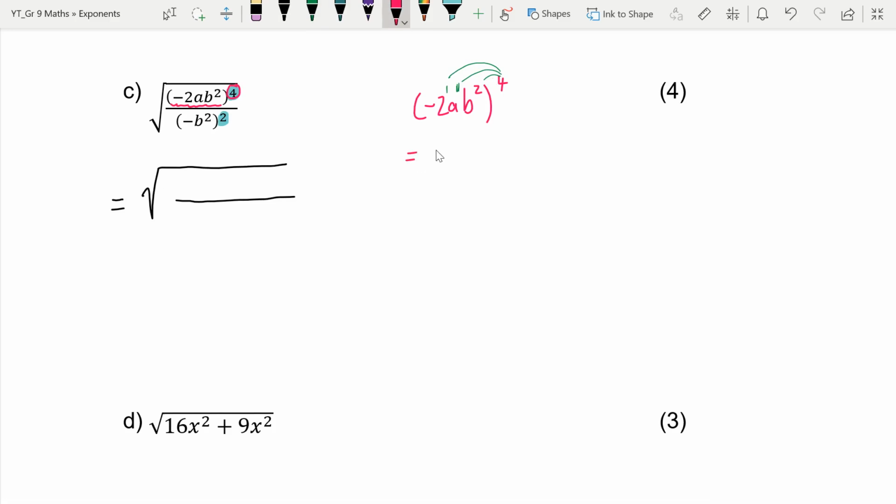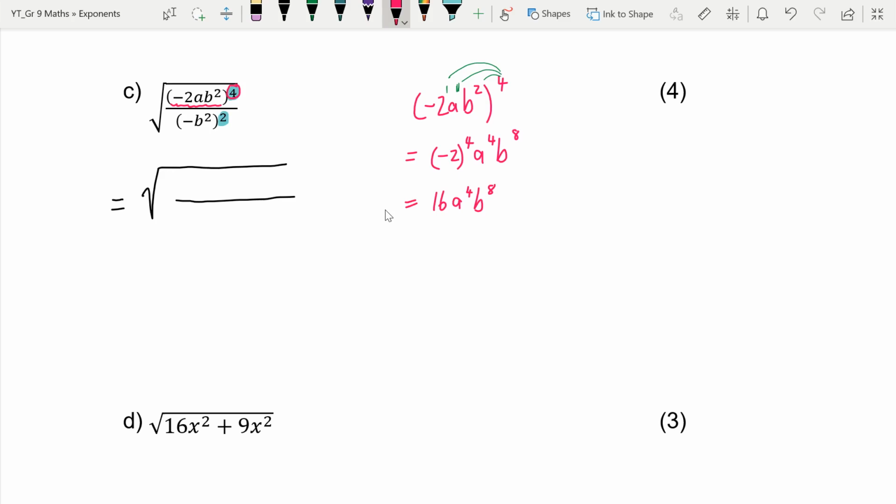So that will give us a (-2) to the power of 4. I'm keeping that in a bracket because it is a negative number so that I don't mess that up. And then it will become a to the power of 4 and then b to the power of 8. And then if I get a (-2) to the power of 4, that should give me a positive 16. And you can check on me using your calculator or your brain, whatever, but I think that's all right.